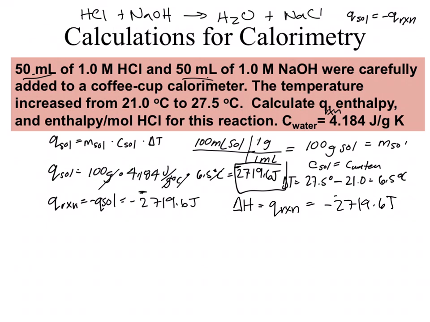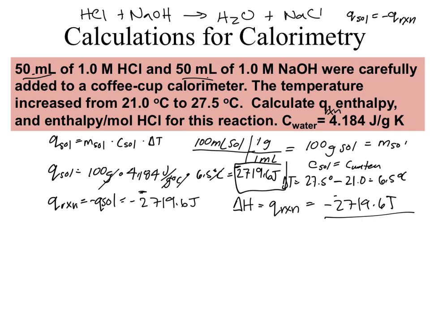The last thing they've asked us to calculate is the enthalpy per mole of HCl for this reaction. They have not specified what units the enthalpy needs to be in, so I'm just going to leave it in joules as it is here. So much like we've done, we first need to figure out our moles of HCl.